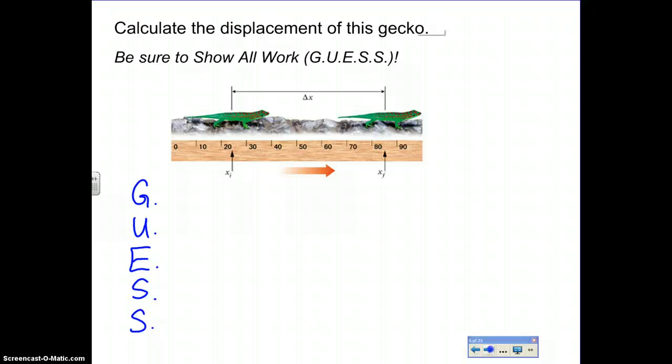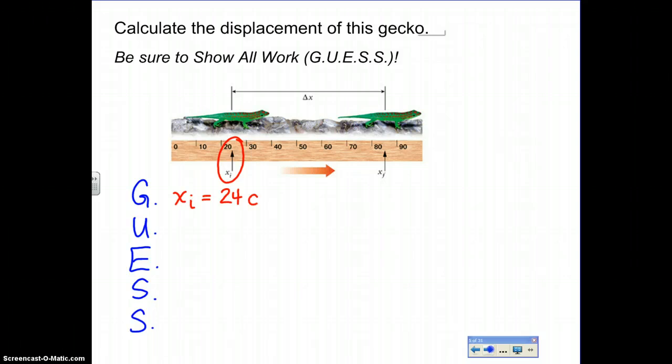So as we move along here, the first thing we're going to do is list our givens. Here we can see that the initial position on this left and right number line for the gecko is a little past 20. I'm trying to guess what it is. I'm going to say it's 24. 24 what? 24 is a magnitude, a number.